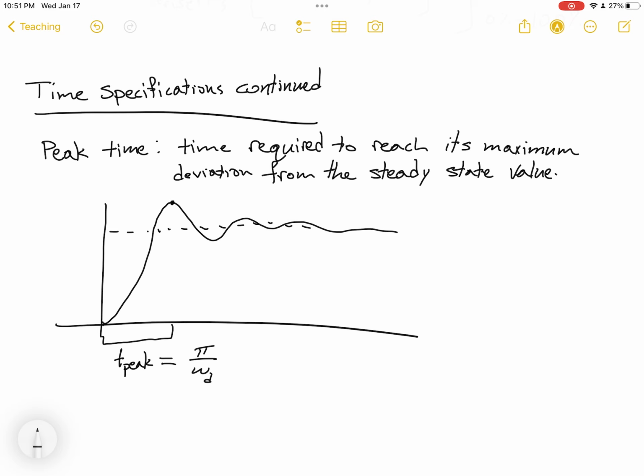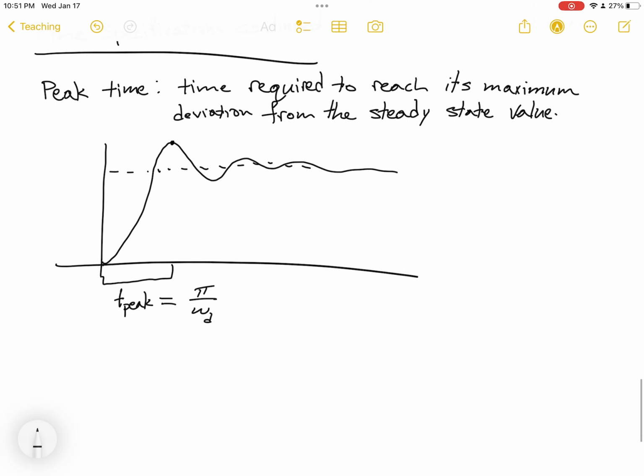We also have another time specification called the maximum or the percentage overshoot, or the maximum overshoot. An overshoot is kind of intuitive.